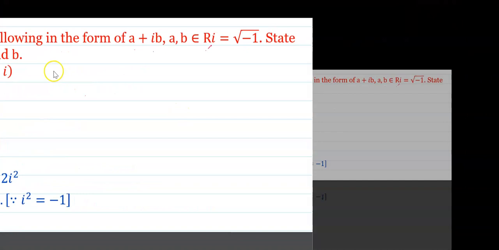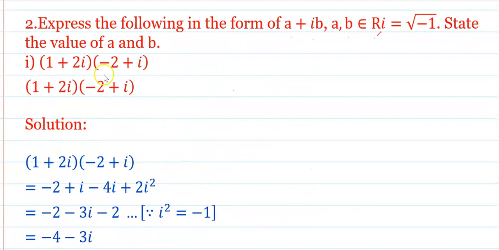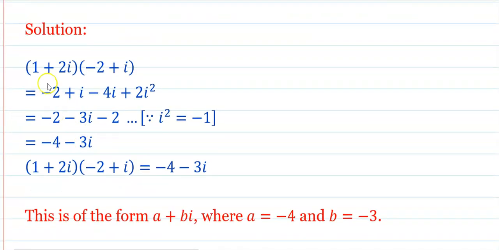First example, in bracket 1 plus 2i, in second bracket minus 2 plus i. Okay. Now normal simple multiplication of these two brackets. First bracket 1 plus 2i into minus 2 plus i. Here normal multiplication करणार.